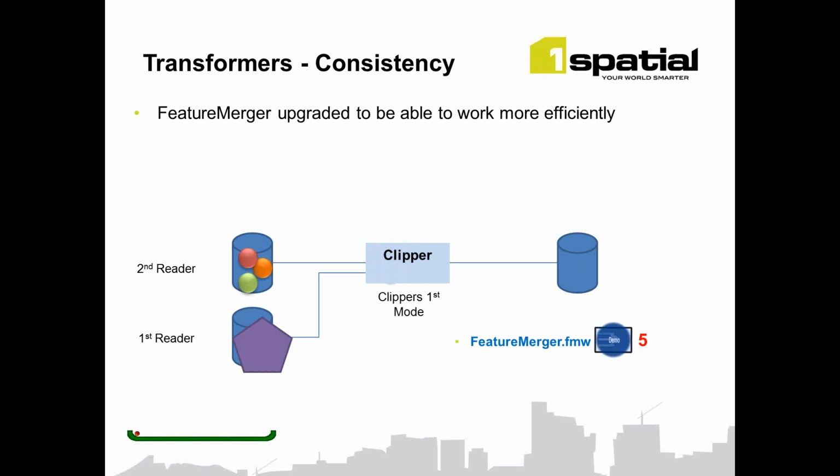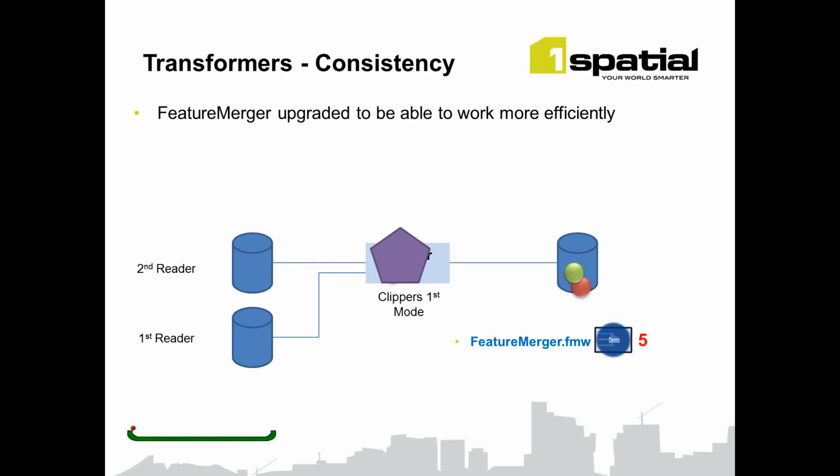Just by swapping to clippers first mode, setting that on the clipper transformer, and moving your reader order, and I'll show you how that can be done in a moment, you can make sure that the thing that's going to do the clipping, which is probably a fewer volume, you don't have many of them, is all that sits in memory. And now in feature-based mode, essentially every feature comes through that process and can be clipped and released out of memory straight away.